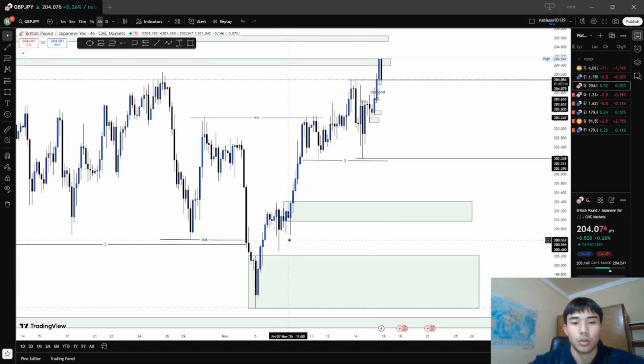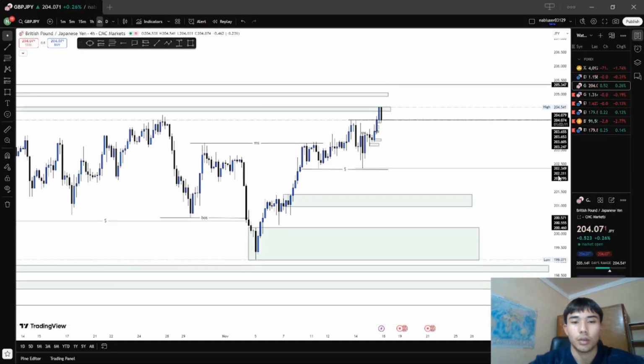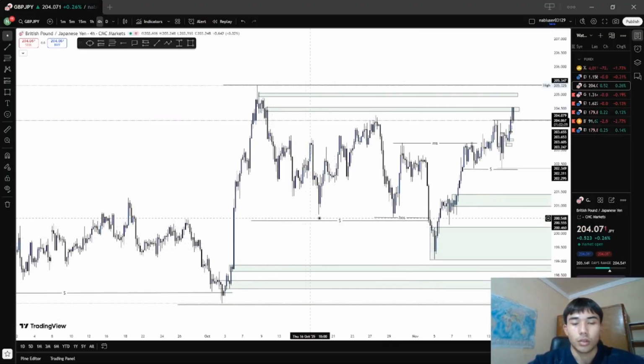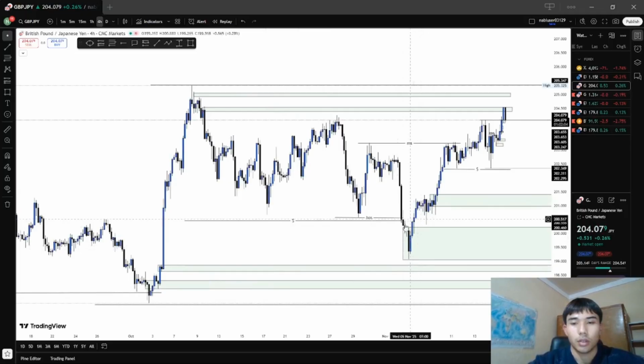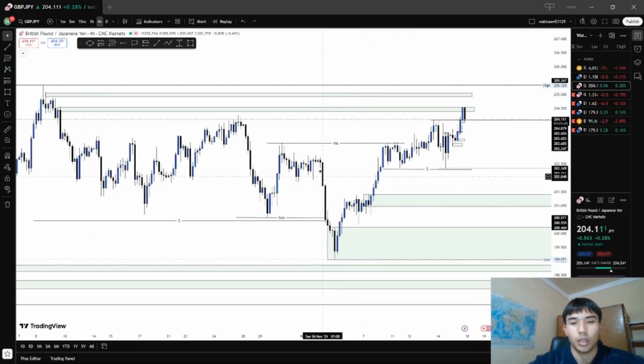Yes, sir. We get another liquidity sweep because this lower high swept all these available liquidities and showed us a breakout structure, which led us to a really good pullback and V-shaped reaction.